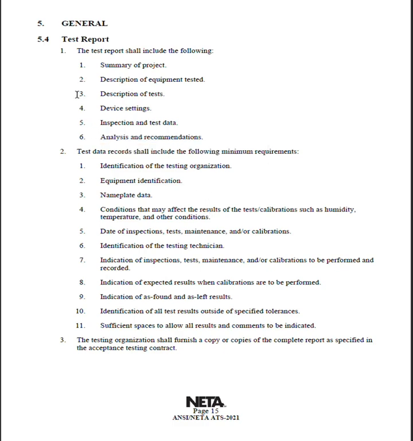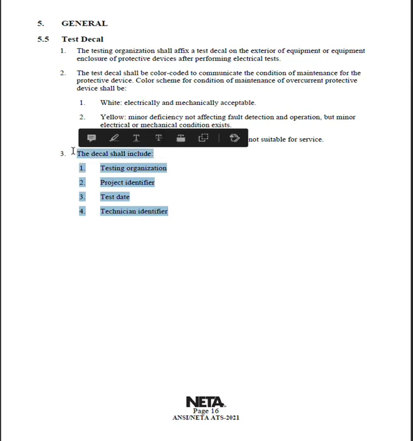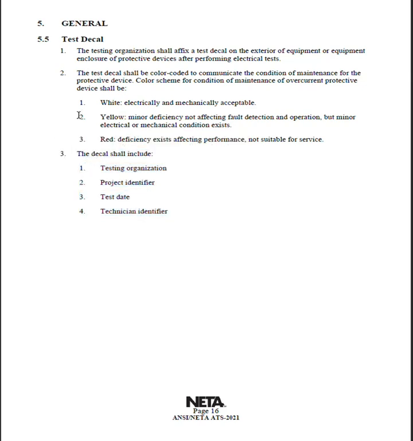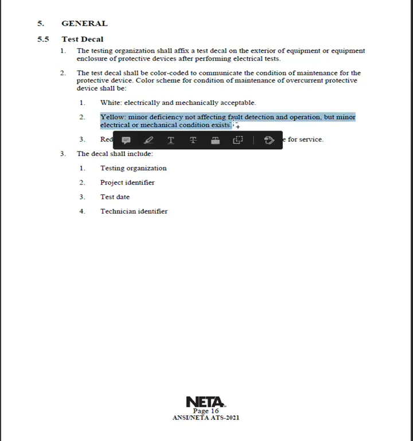Okay? And then the last thing for what's required, and not what I'm going to talk about, but the last thing that's required is a test decal right here, right? Customer pays for a test decal and a report. Okay. So this test decal is going to be white, yellow, or red. Okay. And yellow, what is yellow? Well, it just means that you're not going to mess with the fault detection and operation, but it could be a minor issue.